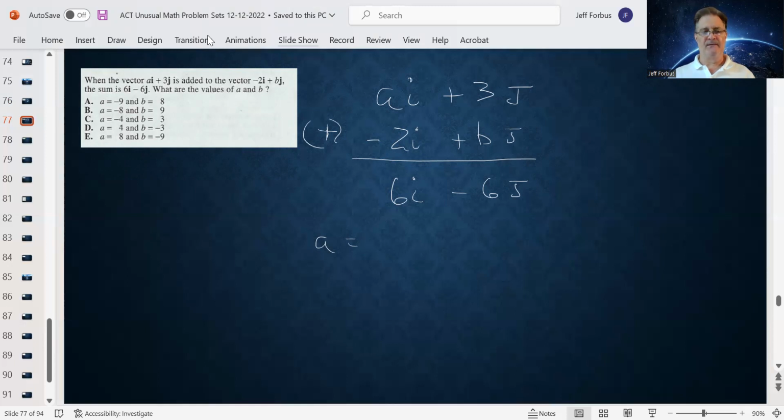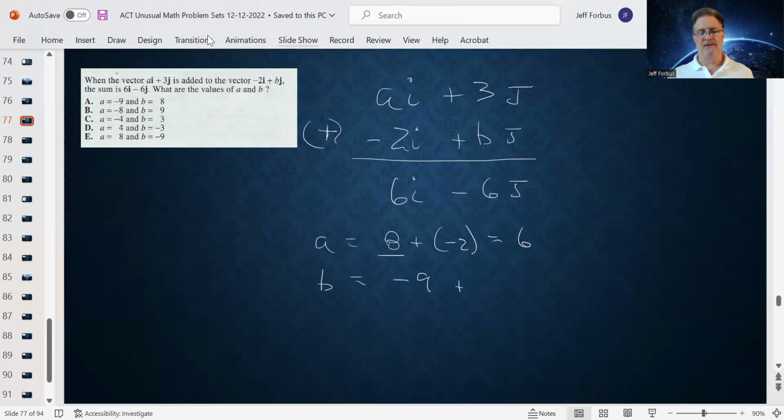Okay, so for a, what value could we substitute in for a? When you add it to negative 2, you get 6. Well, 8. 8 plus a negative 2 is equal to 6. So a is 8. Now the same thing for your j values. What value can we add to 3 to get a negative 6? So a negative 9.